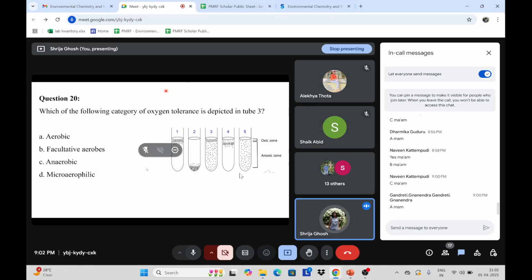Come on, tell me the answer. What do you think is the correct answer? Write your answers in the chat box. Option D, microaerophilic. Okay.